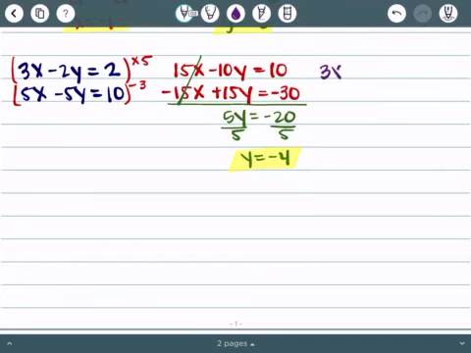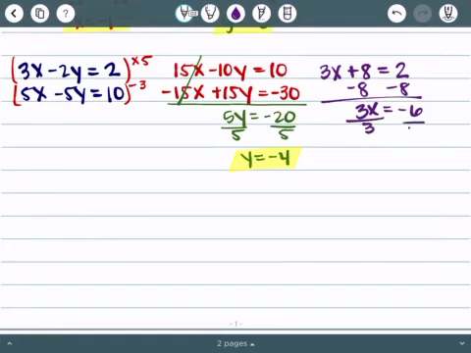So 3x, negative 2 times negative 4 is positive 8, equals 2. Subtract 8. 3x equals negative 6. And x equals negative 2. So my final answer is negative 2, negative 4.